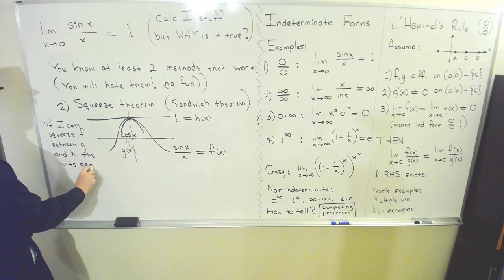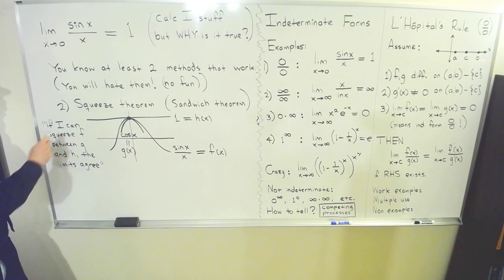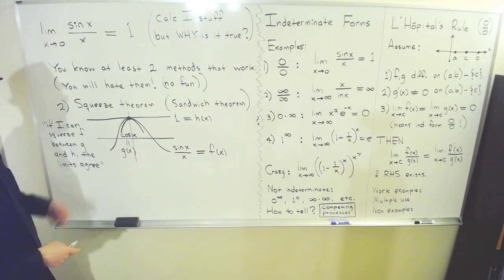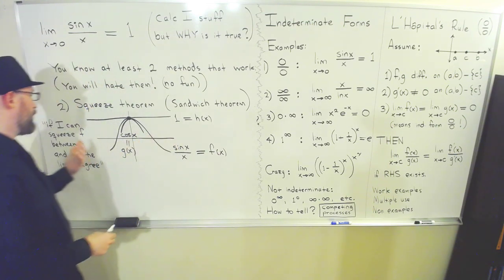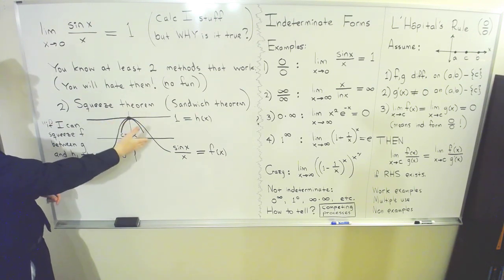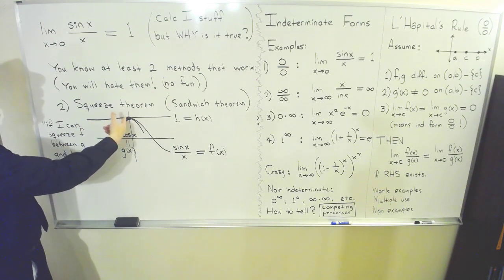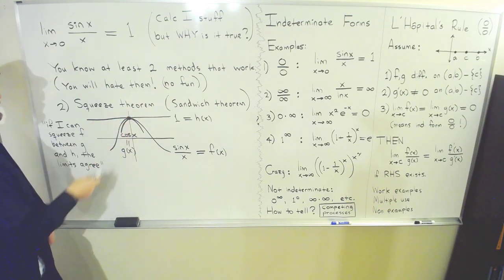I'll say the limits agree, just so I can write fewer words. Now this, of course, is an imprecise way of describing it. I could write it out much more precisely, but the point is that you have a function, you want to find what the limit is, and you don't know the limit just by substituting. And so what you do is you find two other functions for which you do know the limit.